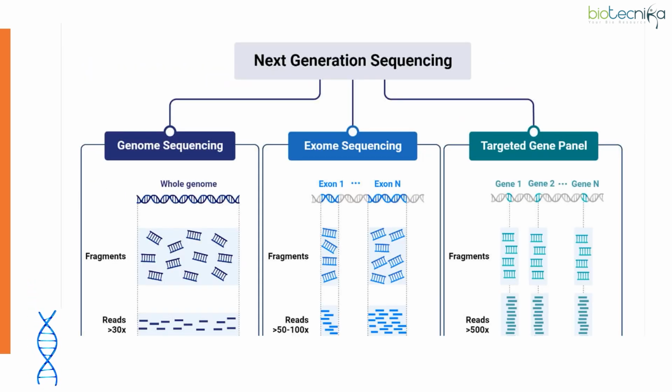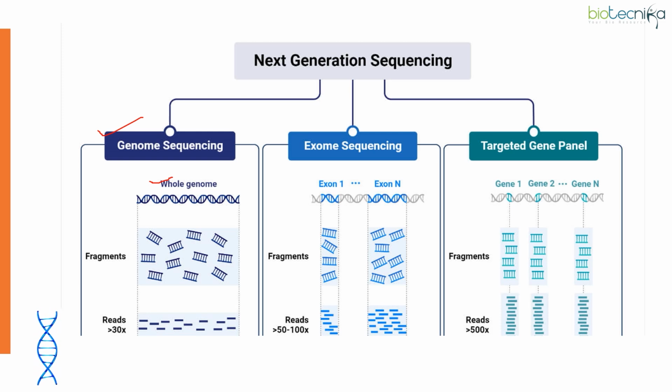As you can see, next generation sequencing is used by researchers in three main approaches. The first is genome sequencing. If anybody is planning to adopt next generation sequencing, they take genome sequencing, where they are interested in performing a whole genome sequence analysis, based on the DNA and then the fragments and then finally getting the reads.